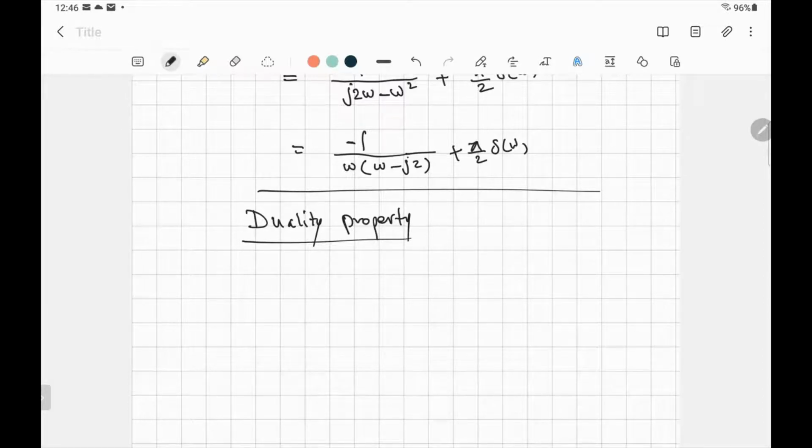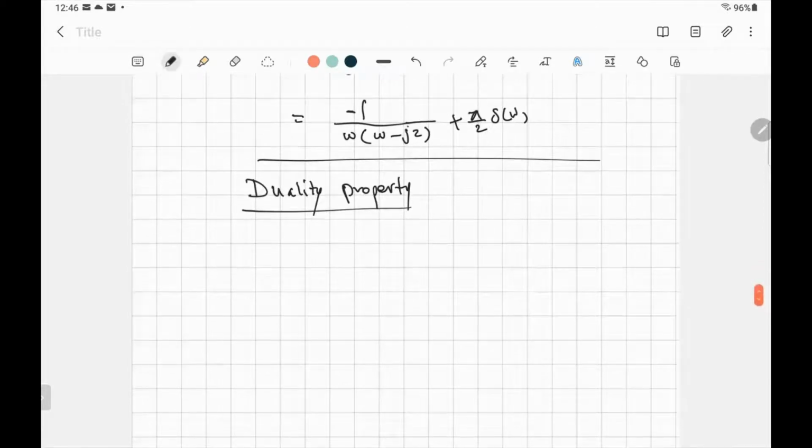Let me give you one simple example. It's a dual function, and that's very interesting.